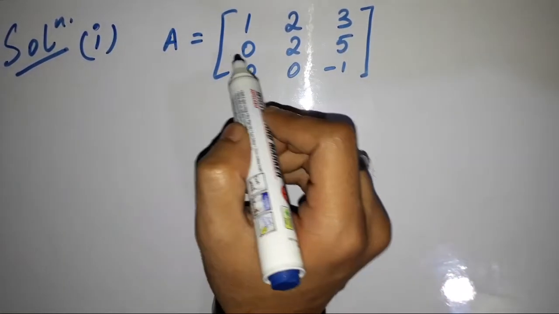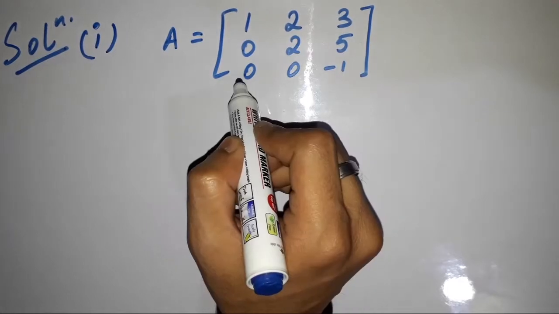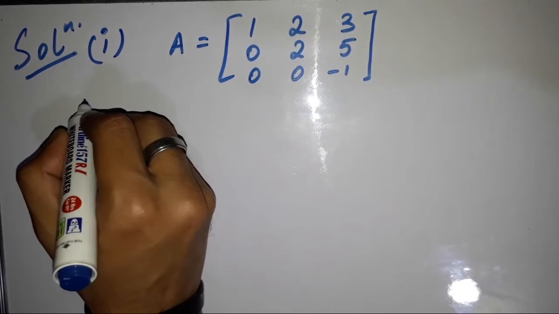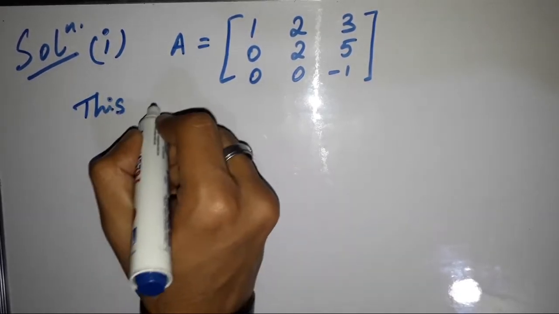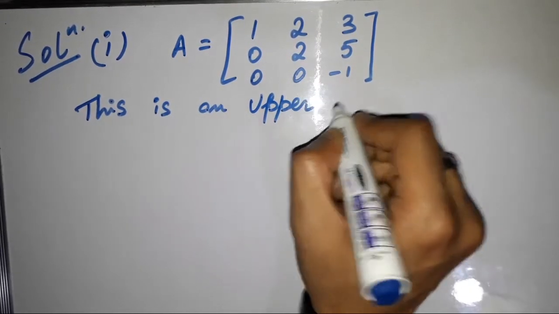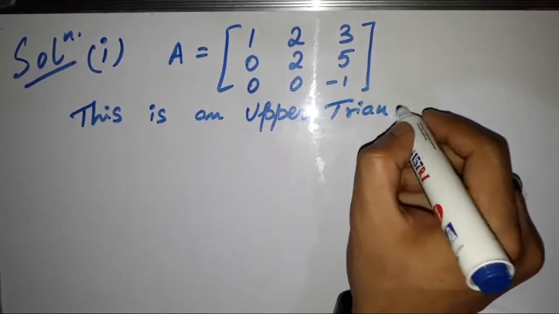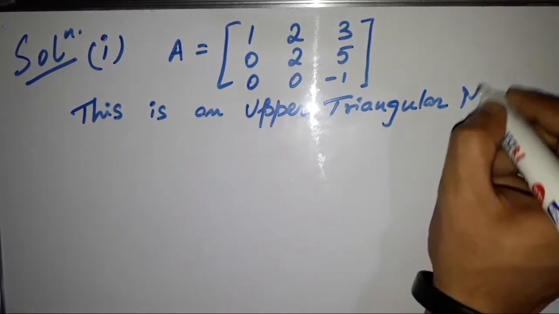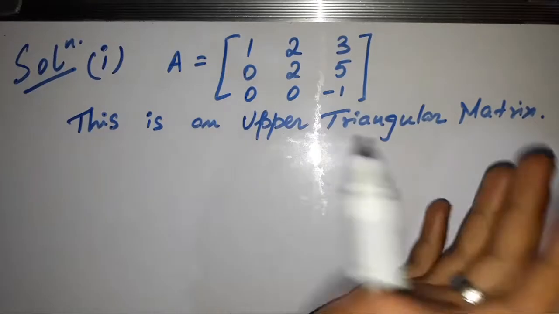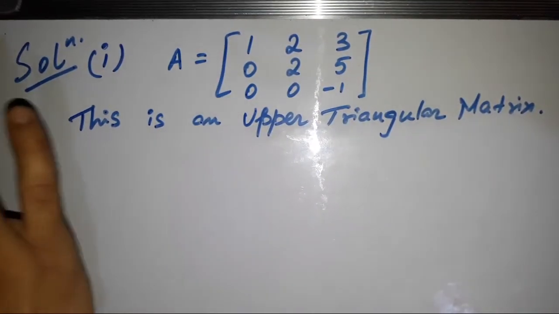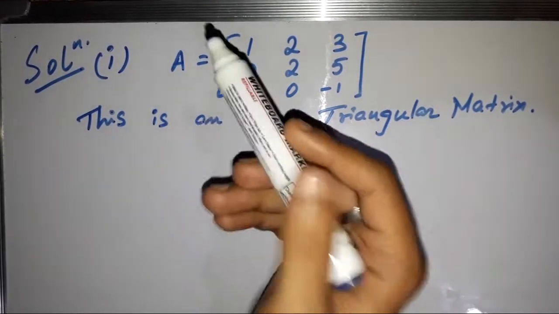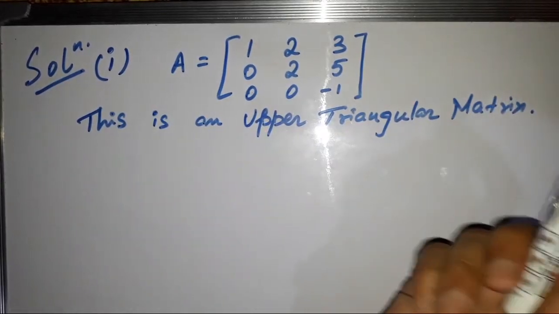Since we see that the lower triangle of this matrix is 0 0 0, this implies that this is an upper triangular matrix. So the eigenvalue property will be implied here, which has been discussed in the previous videos, which is very important because it helps us determine various such questions quite easily.